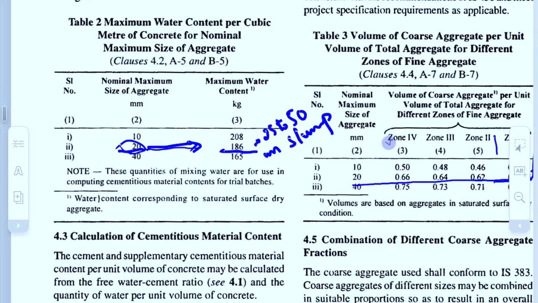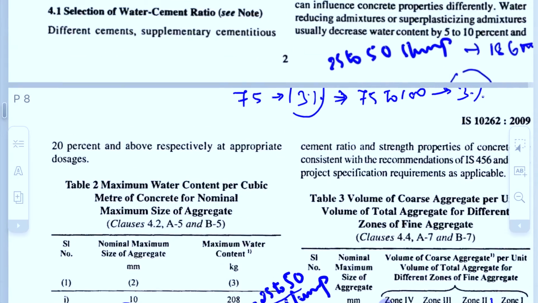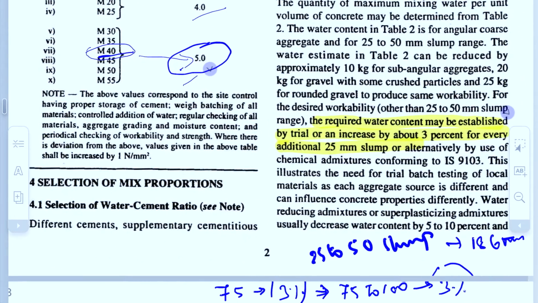For that value, the maximum water content is 186 liters, but this value of 186 liters is for 25 to 50 mm slump.